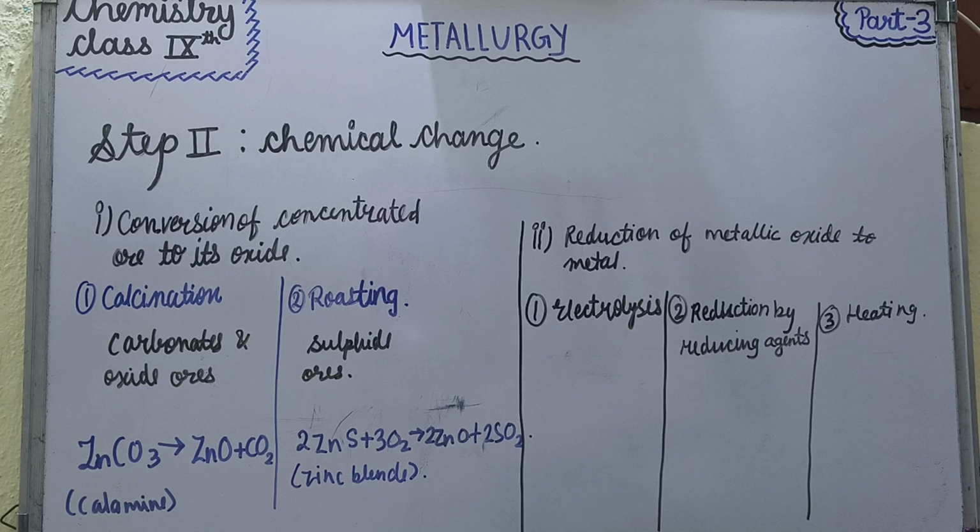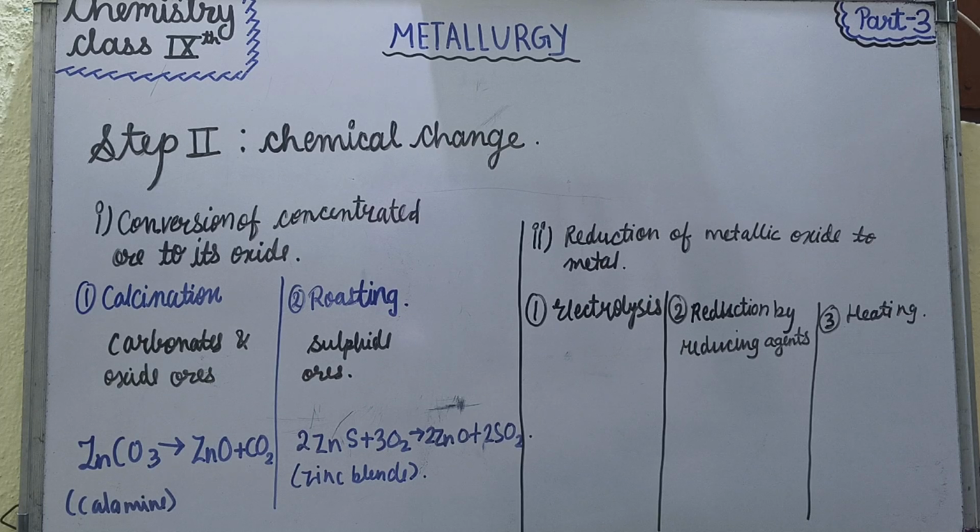Heating is the method where oxides are reduced to metals by the action of heat alone. Electrolysis is applied for oxides and halides of highly reactive metals in activity series. Reduction by reducing agents is applied for oxides of moderately reactive metals. Heating is applied for oxides of less reactive metals having lower position in the activity series.